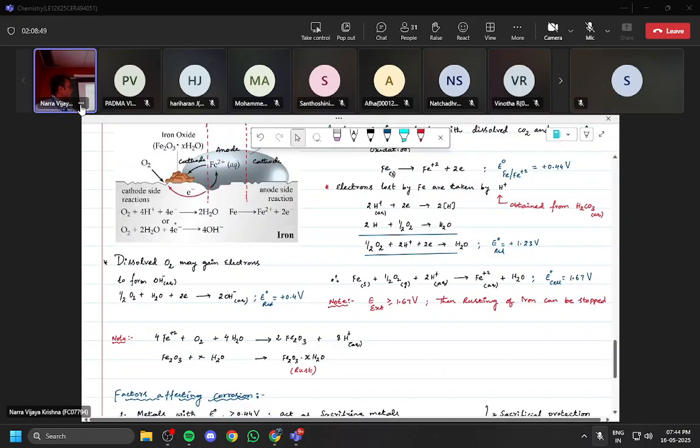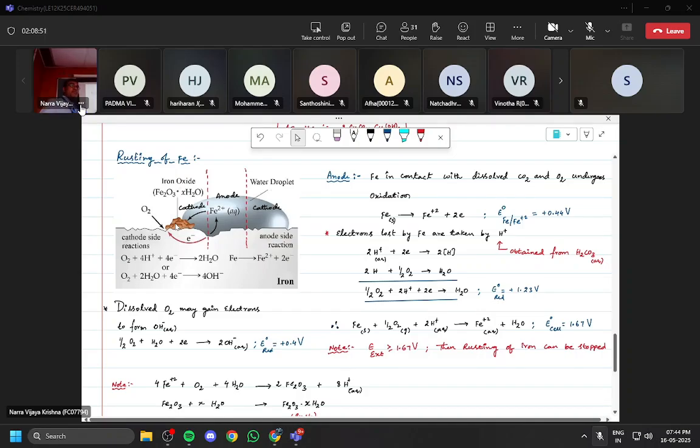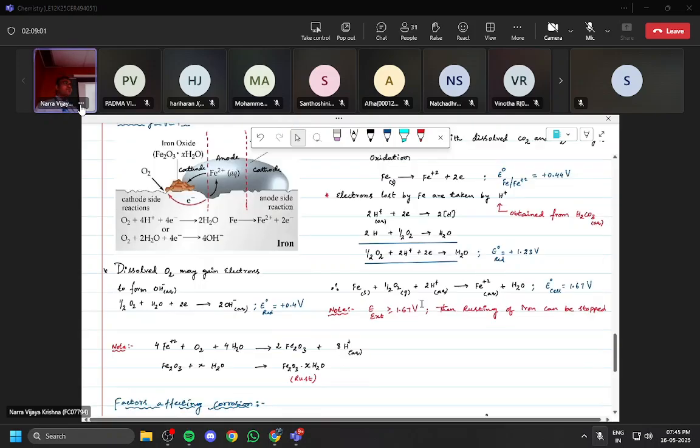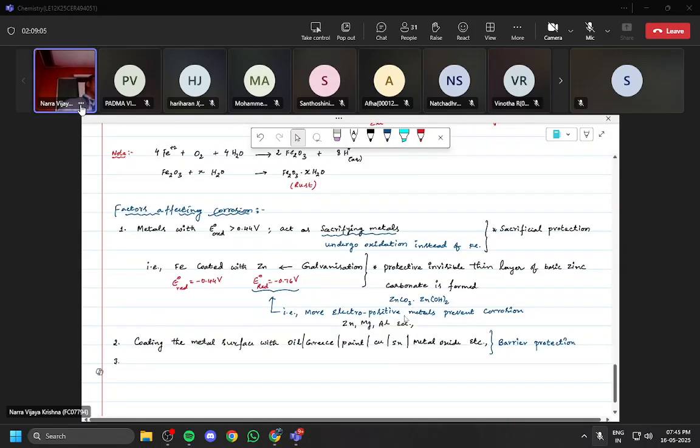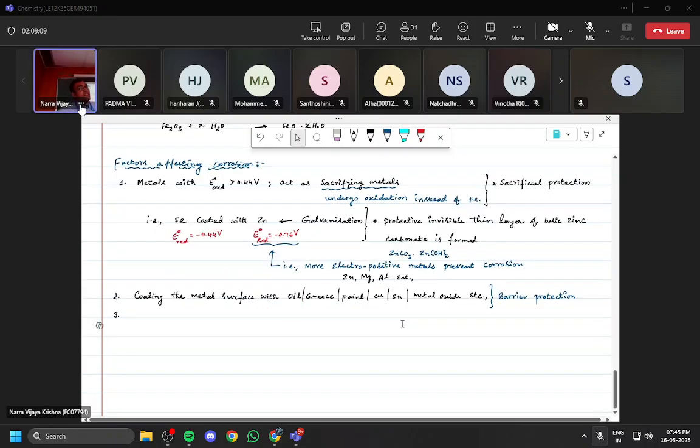Instead of that, if the surface itself is polished, if there is no dent or crack or anything on the surface, then what happens? Corrosion will be slowed, right? Or it will take more time for corrosion. So, less surface area.